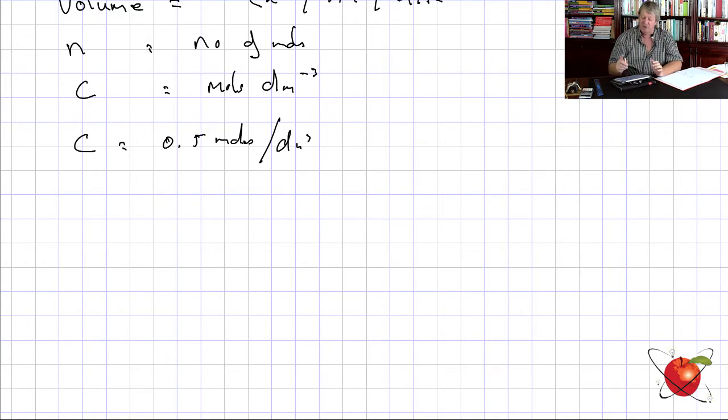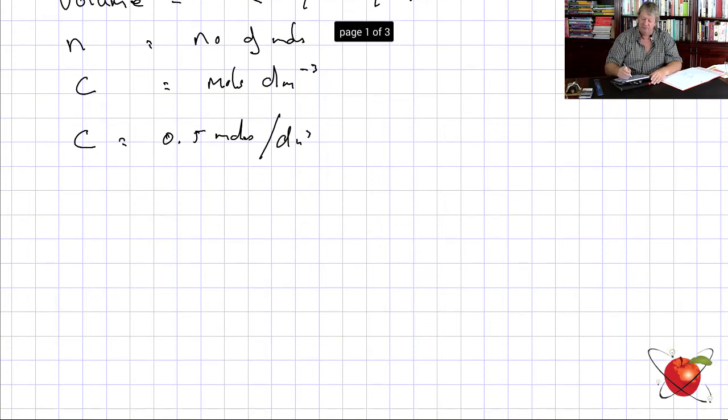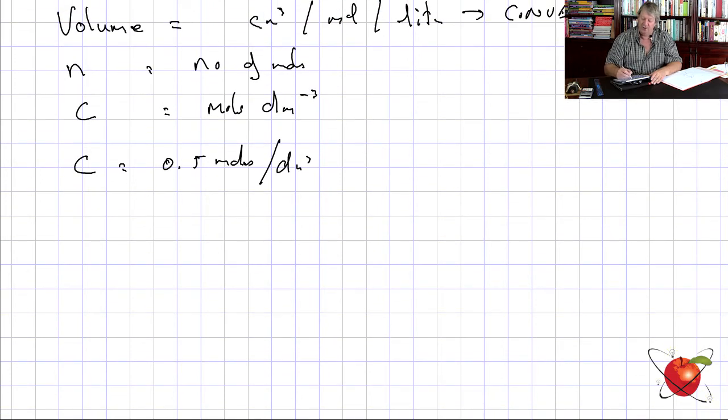Usually they will say it's 0.5 moles per cubic decimeter and we are given, let's say, 250 milliliters of solution. Okay, milliliters we've got to convert to decimeters cubed, okay? So now, remember, we've got milliliters, centiliters, deciliters, and liters, right?